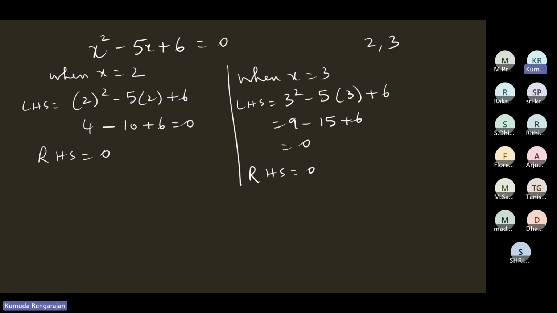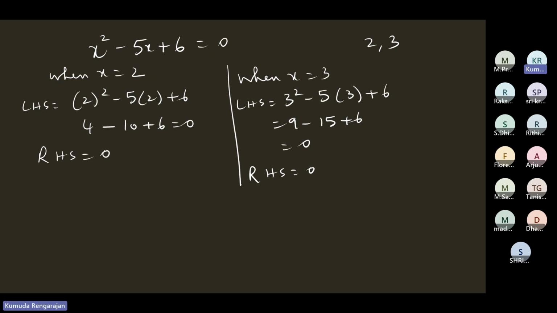Imagine there are infinitely many real numbers. Of those infinitely many real numbers, only these two numbers, 2 and 3, can satisfy this quadratic equation x squared minus 5x plus 6 is equal to 0. How do we believe that? So use x is equal to 2 in the LHS, and you see the value of the LHS is 0.